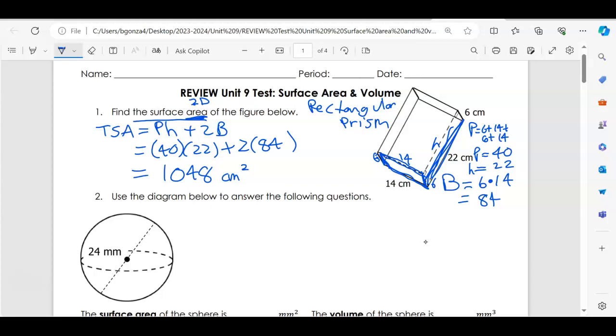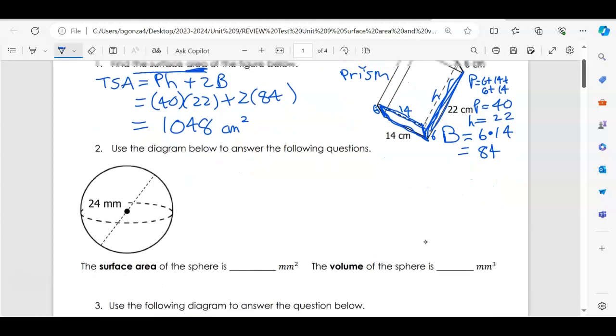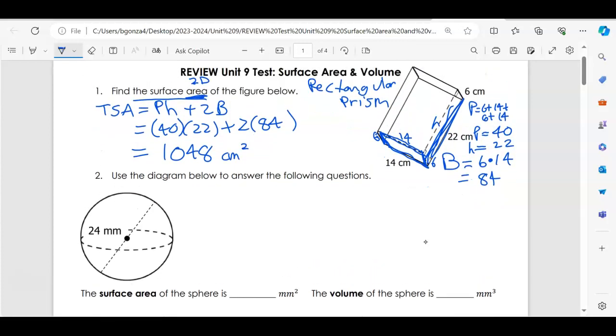All right, number 2 is a sphere, right? Y'all know a ball shaped like this is a sphere. So the surface area of a sphere is 4 pi r squared. Now look, if the whole thing is 24, then halfway across, the radius is 12.